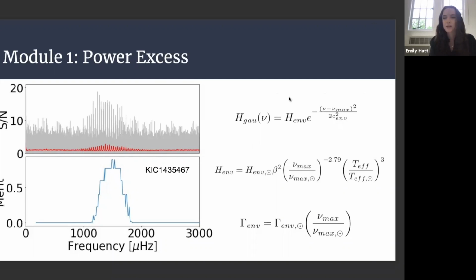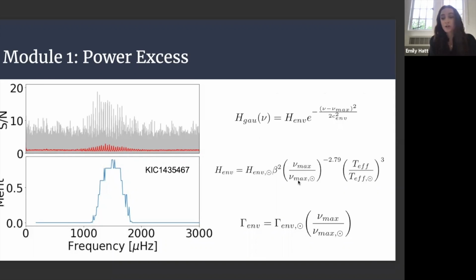So we need some relation that gives us the predicted height of the envelope given the test frequency. So I've hidden the maths here. Essentially, it's a bunch of manipulation of scaling relations. It comes mostly from the maximum amplitude, but at the end of the day, you end up with the relation that you see on the slide here. So you've got the height of the envelope as a function of nu max, and then there is an effective temperature there, which we will need an independent measurement of. There's no way to avoid that.